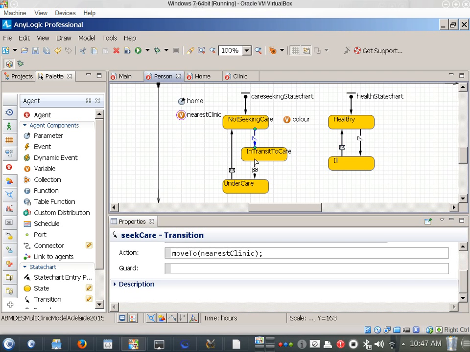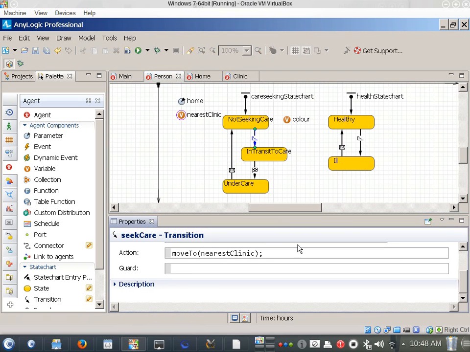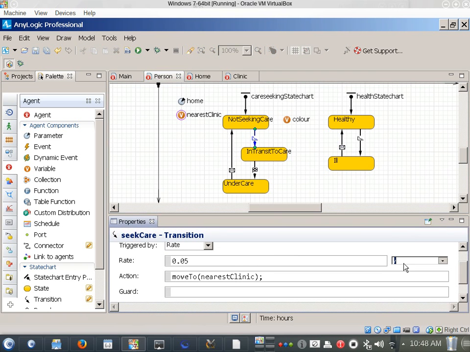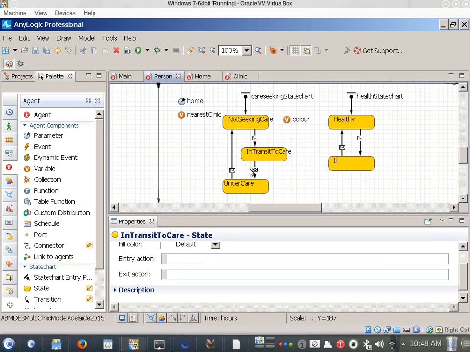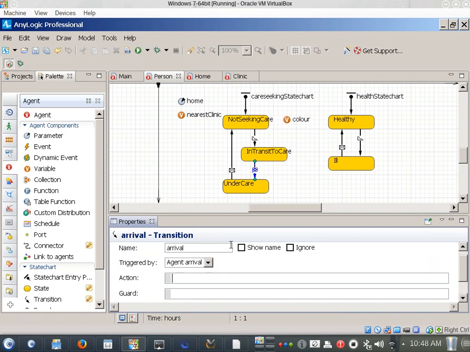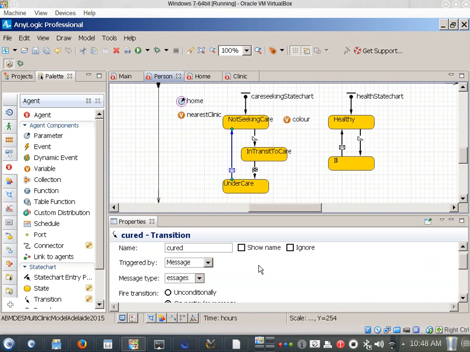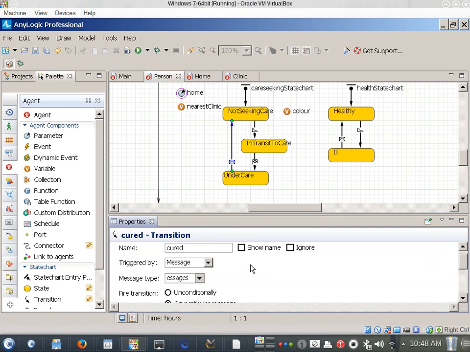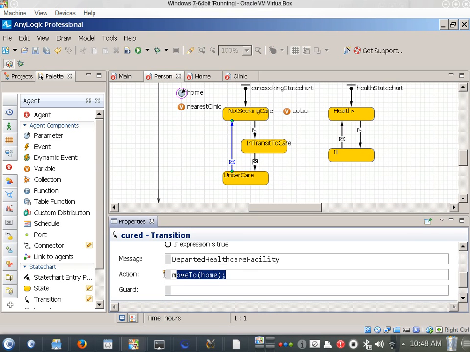This transition here for not seeking care to in seeking care is going off with a rate of 0.5 per day. And this transition from in transit to care is based on arrival. And this transition from under care to not seeking care is based on the message cured, and we move them to their home.